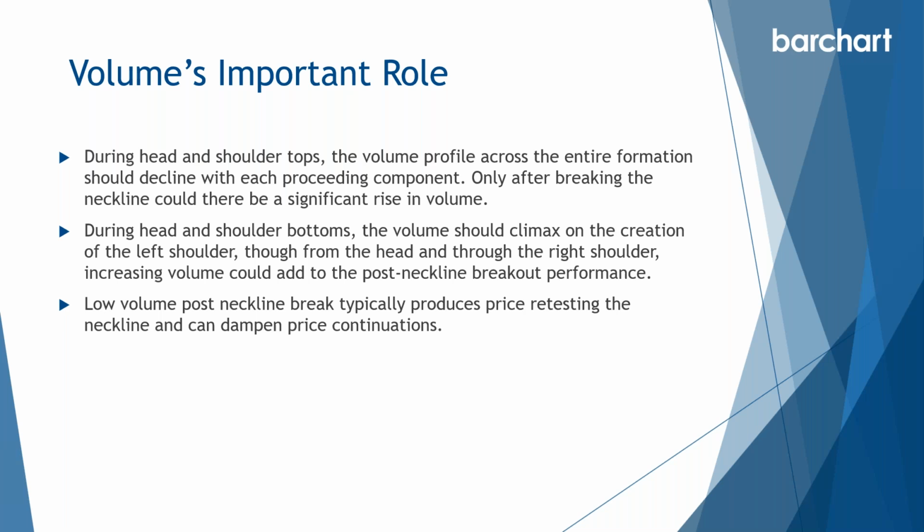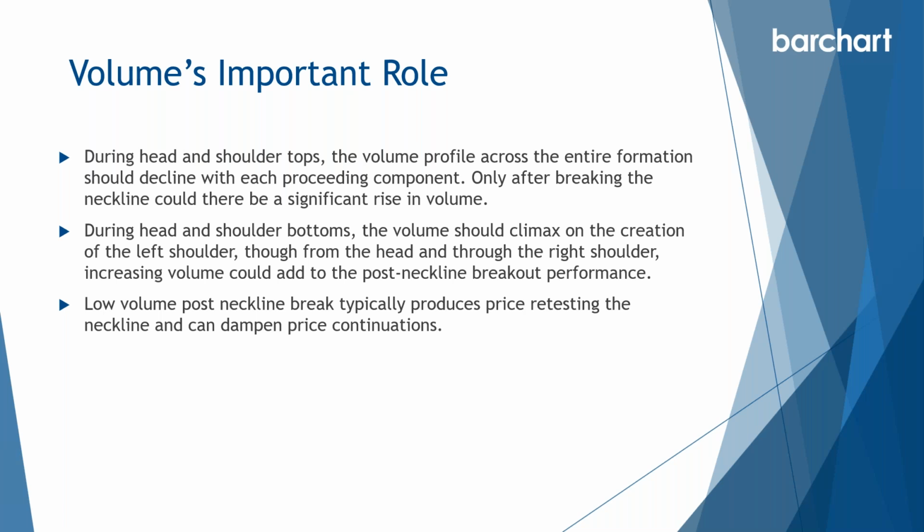Now, low post neckline break volume in both cases typically produces those retestings of the neckline and can dampen the minimum price objective. We'll look at that in a moment. So this is just some basic rules or ideas behind the concept of a head and shoulders.